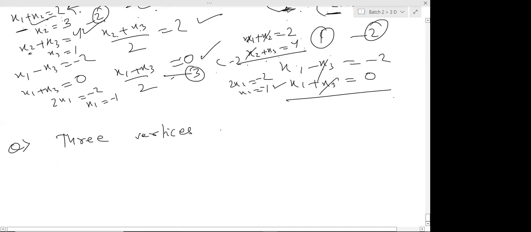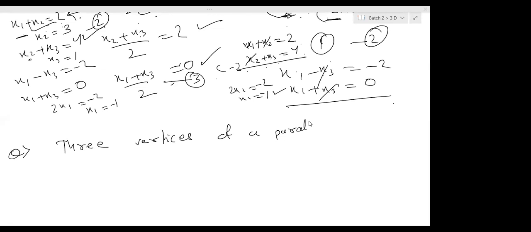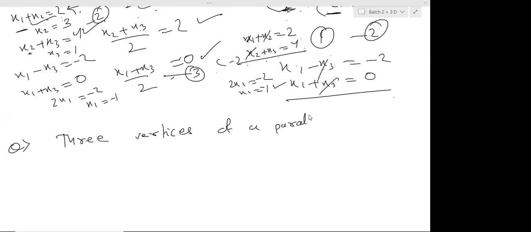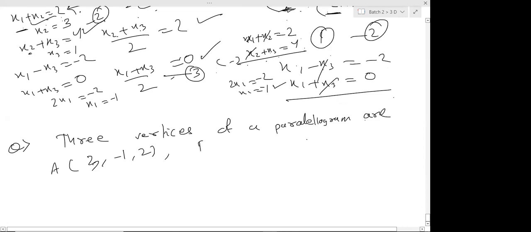Three vertices of a parallelogram are A is 3, minus 1, 2.